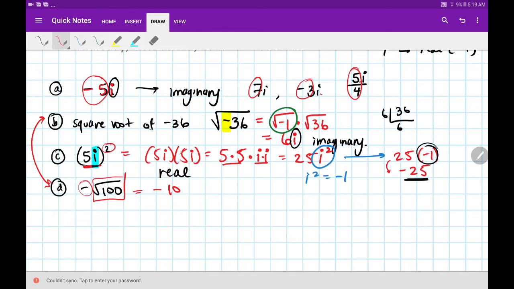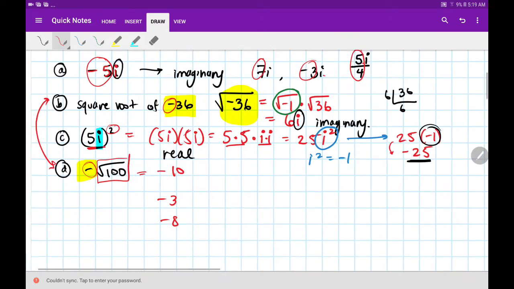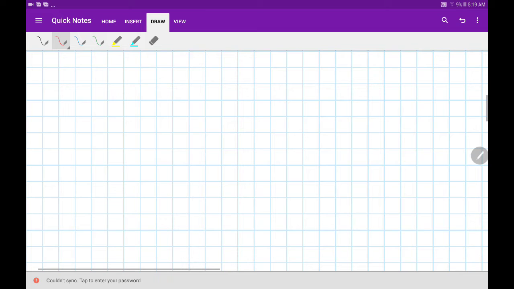You might say, but Miss Name, last time we had a negative, it was imaginary. How come this time it's real? Well, remember, last time our negative was inside of the square root. So that's i. This time our negative is outside. So that's just our regular old negative numbers like negative 3, negative 8, and so on. Those are real numbers. So try these ones yourself.